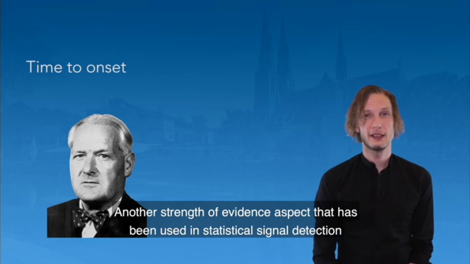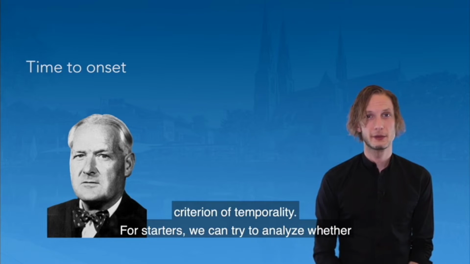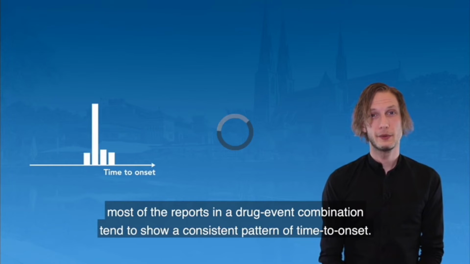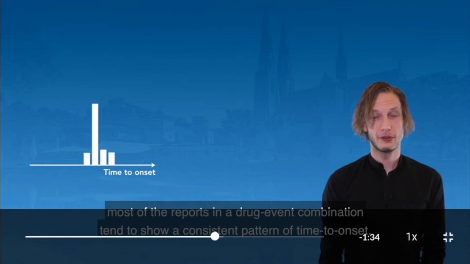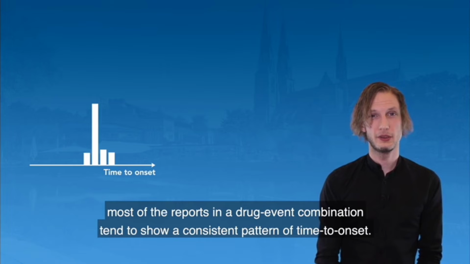Another strength of evidence aspect that has been used in statistical signal detection is time to onset, which is tightly connected to the Bradford Hill criterion of temporality. For starters, we can try to analyze whether most of the reports in a drug-event combination tend to show a consistent pattern of time to onset.